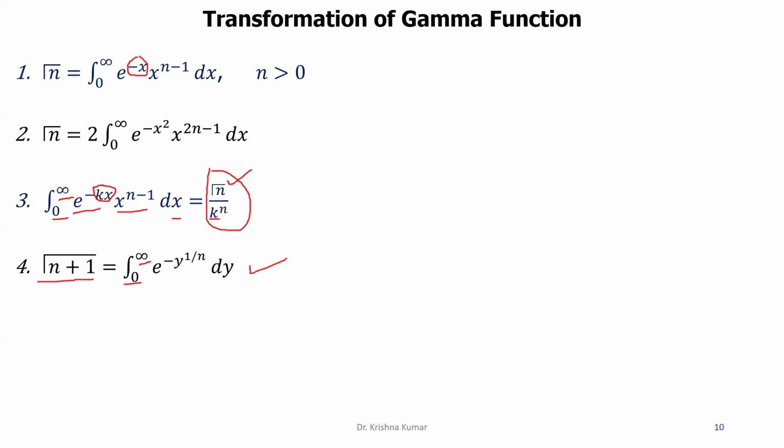So these are some alternate transformations of gamma function, which are useful while solving some numerical problems. And the last one is gamma of n equal to the integration of log 1 upon y whole to the power n minus 1 under the limit 0 to 1 with respect to y. So these are the different transformations of gamma functions.